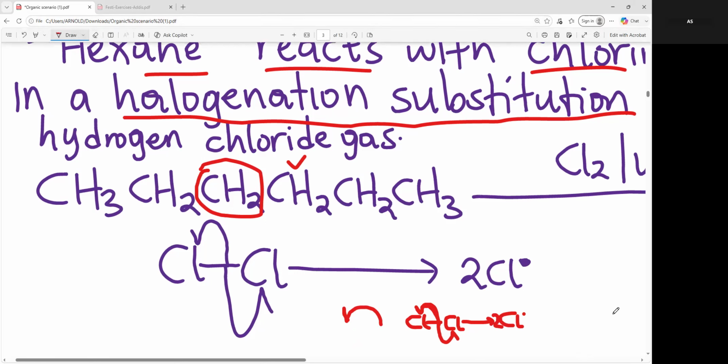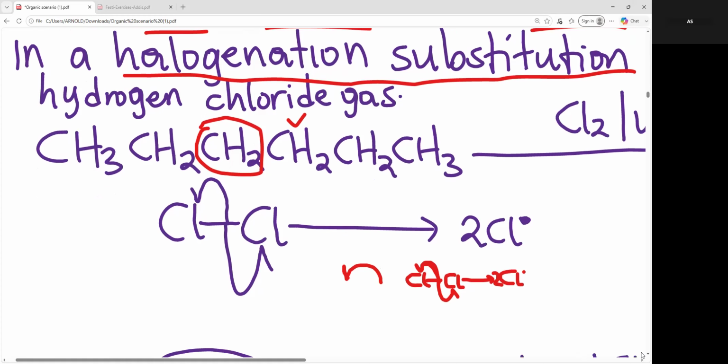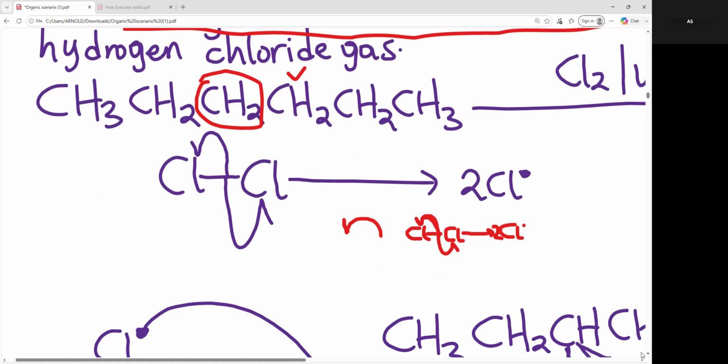After forming these radicals, that is chain initiation, we go to the next step, propagation. One radical of chlorine attacks the alkane. One of these radicals that have been formed attacks the alkane, but it should attack at the site that will result in formation of the intended product. I said that for me, I decided to go with this, meaning that I must expose the hydrogen on that site so that chlorine attacks it very well.